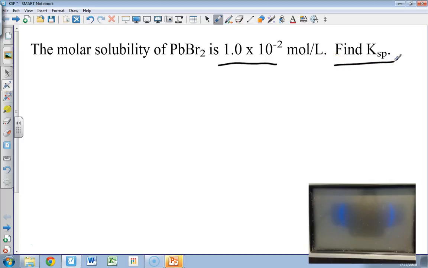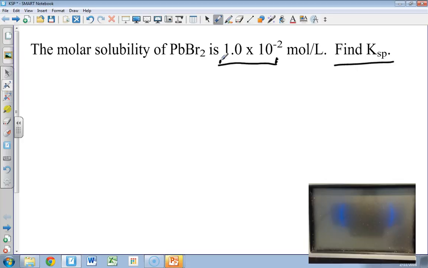Now, Ksp is still an equilibrium problem, and the rules of equilibrium still apply to Ksp. There are two types of equilibrium problems: find the constant, or find the conditions. Well, this is find the constant. So that means that somehow this number is going to be the conditions.